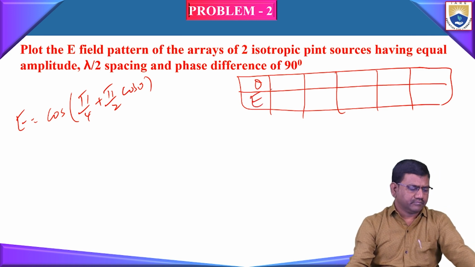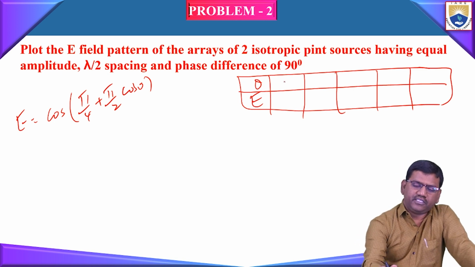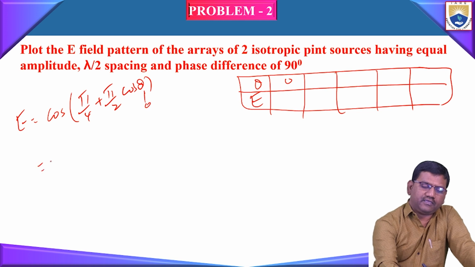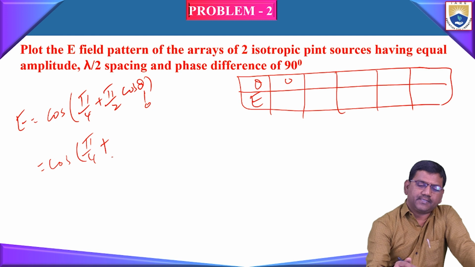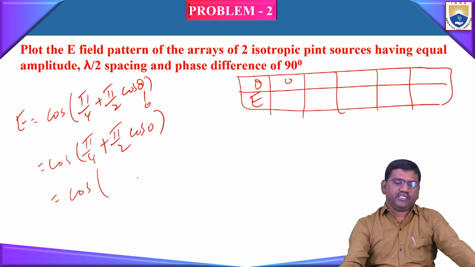So here, let us substitute theta as 0. If you substitute theta is equal to 0, what will you get? Cos of pi by 4 plus pi by 2 cos 0. Cos 0 is 1 here.